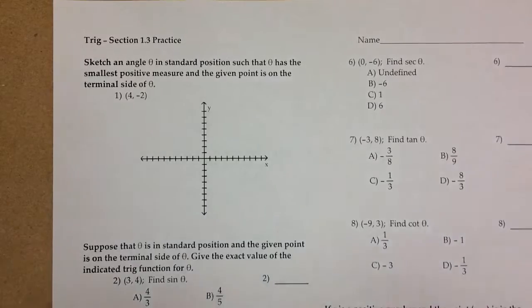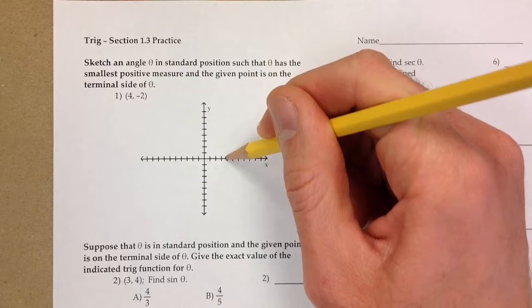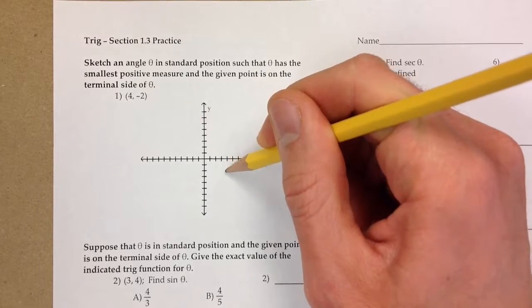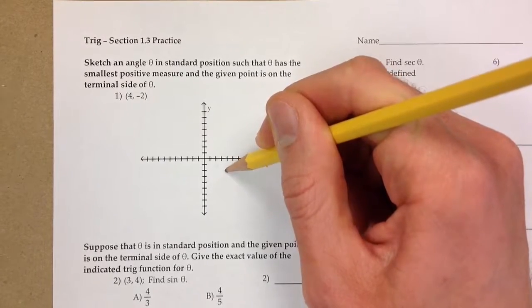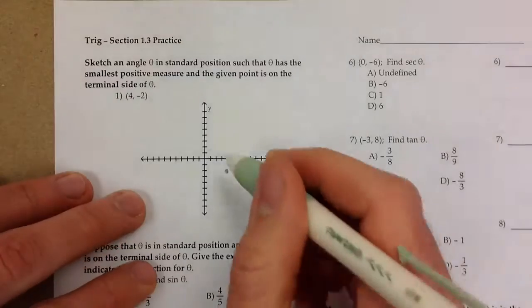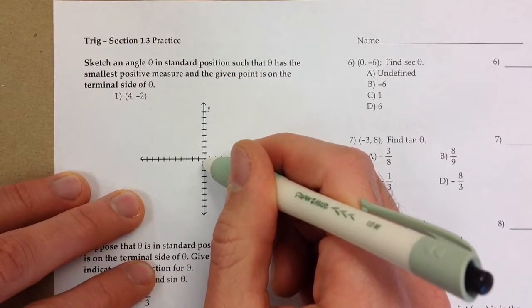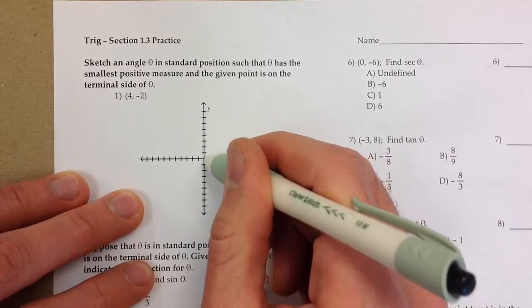You would go 4 spaces to the right, 2 spaces down. Good. And then what? Draw an arrow to the point from the origin.